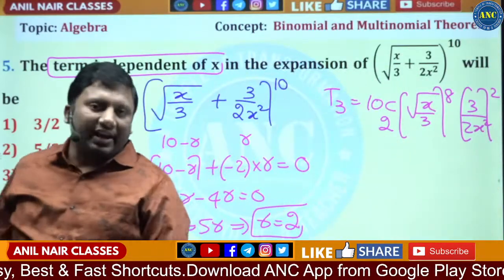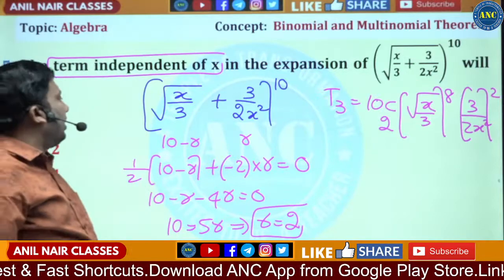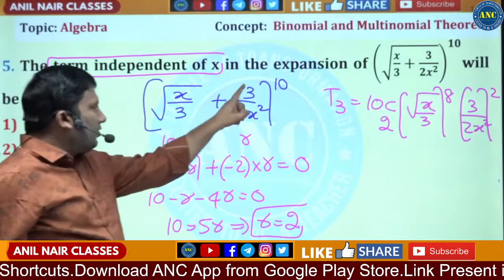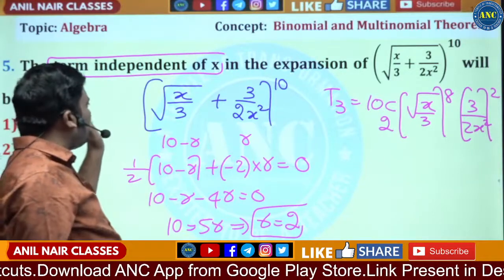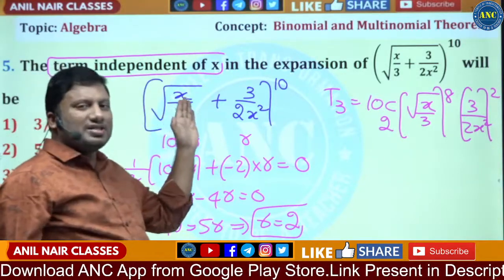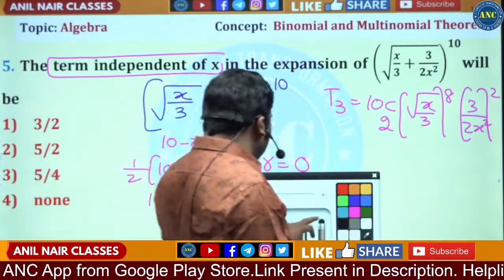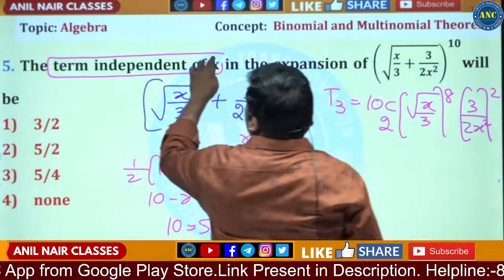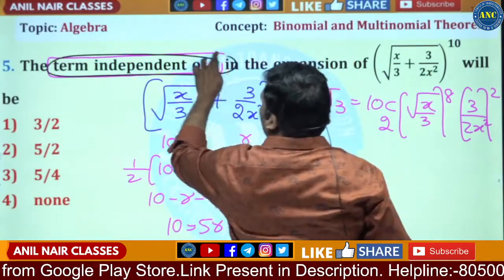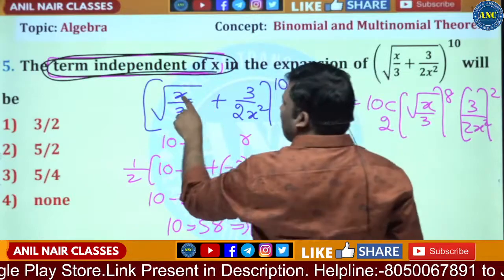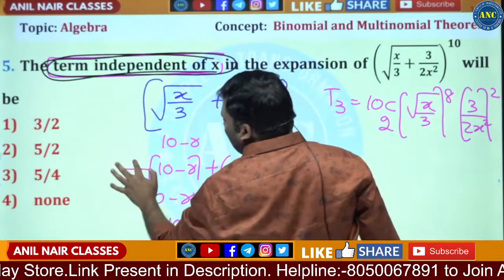I hope the idea is very clear how you can do independent of x very, very fast. It is equivalent to writing NCr x power n minus r y power r. What is the question asking? Question is asking about independent of x. My focus point is on this independent of x. What is the power of x? Root is half.